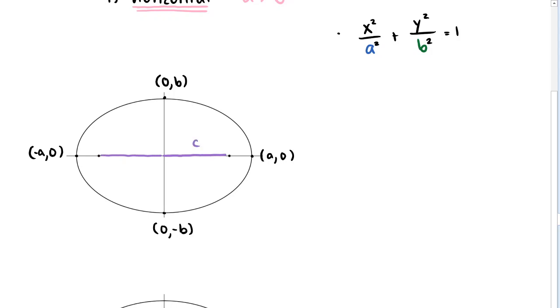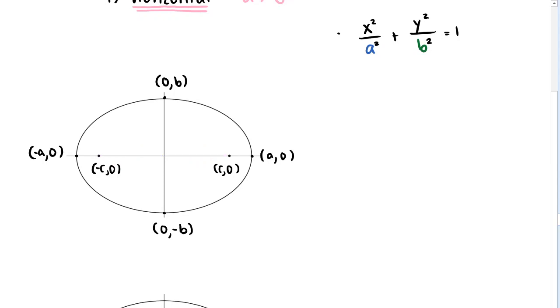So maybe we can call this distance c. I want to explore that distance for now. These points would be c comma 0 and negative c comma 0: c units to the right of the origin and c units to the left.